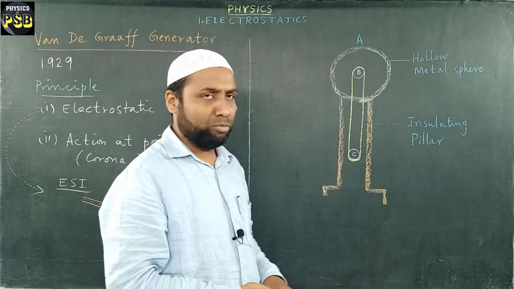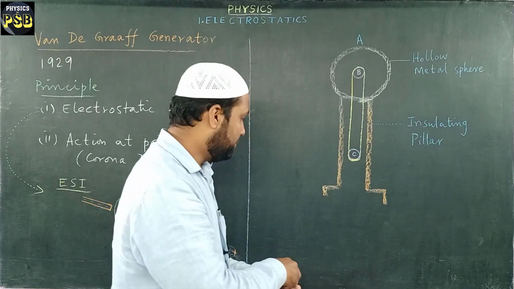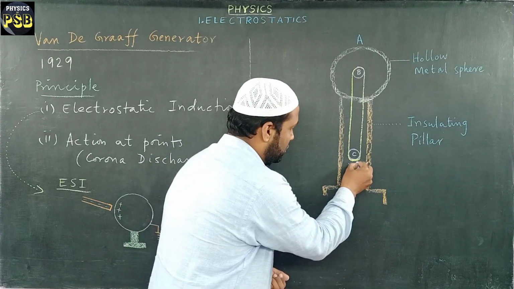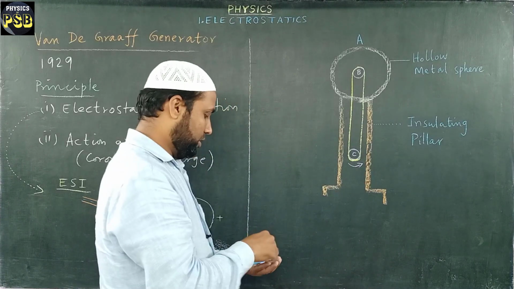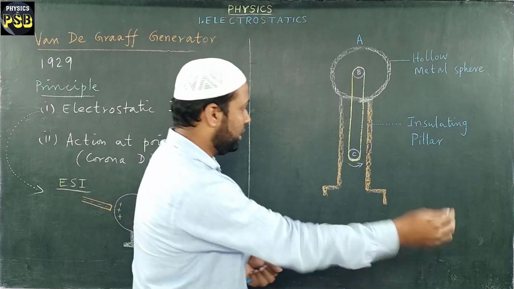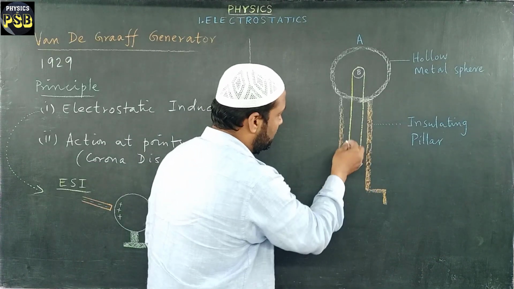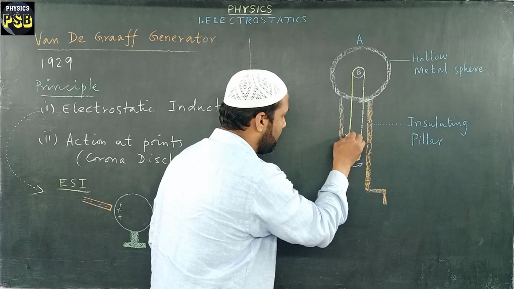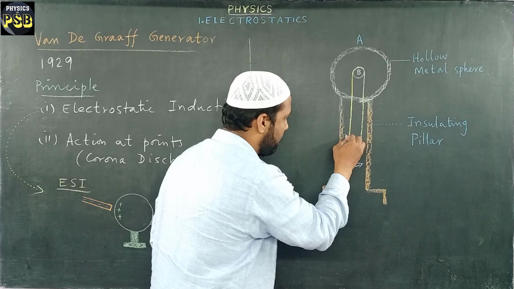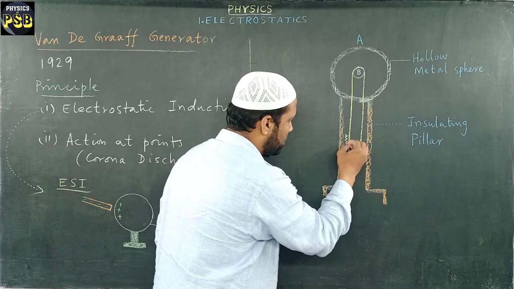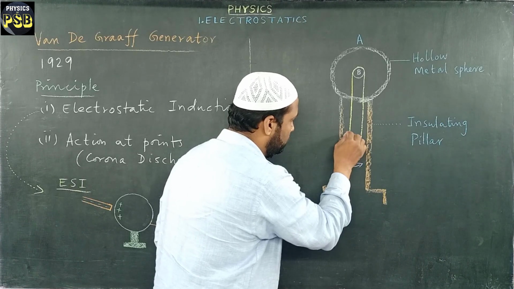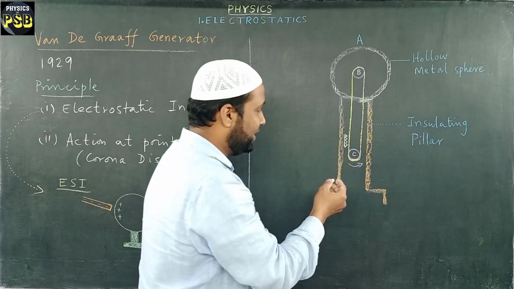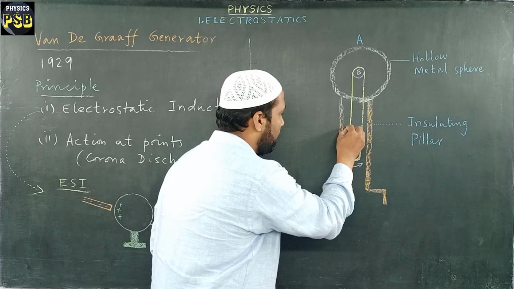It is driven by a motor in an anti-clockwise direction. Then, a very important thing, beside the belt near the pulley C, there is a Metalcone. Metalcone D is present.